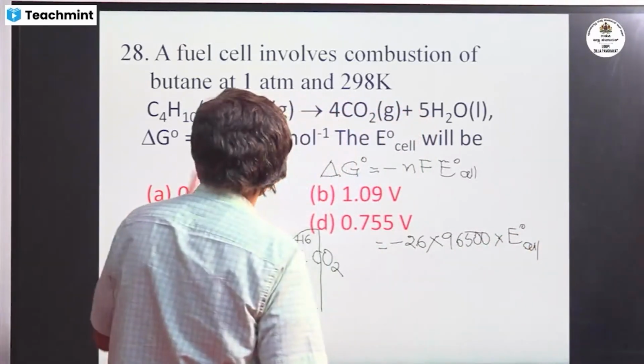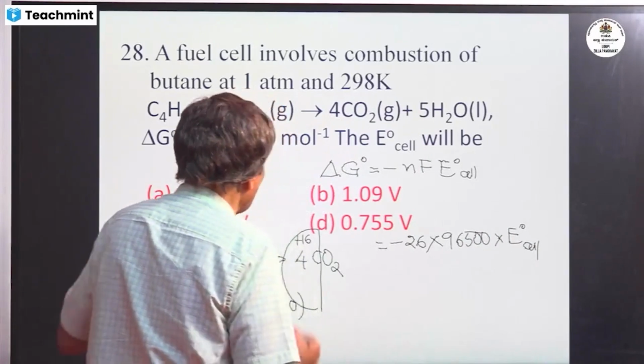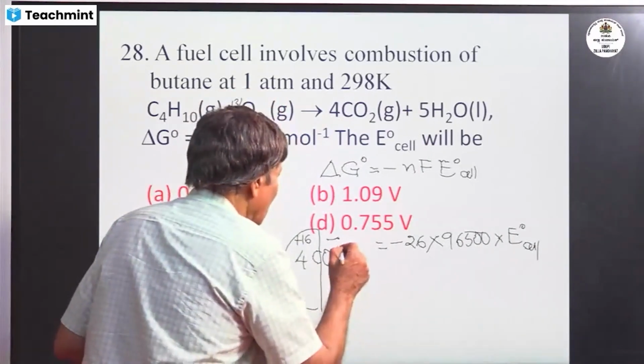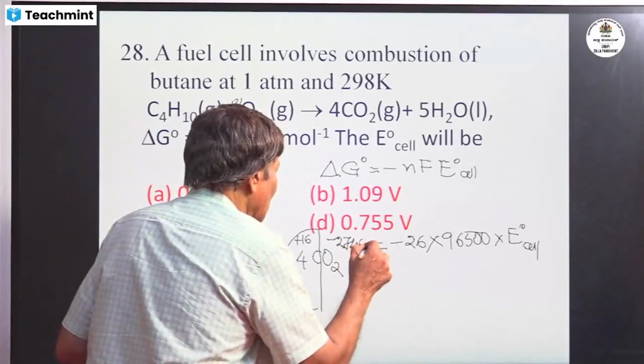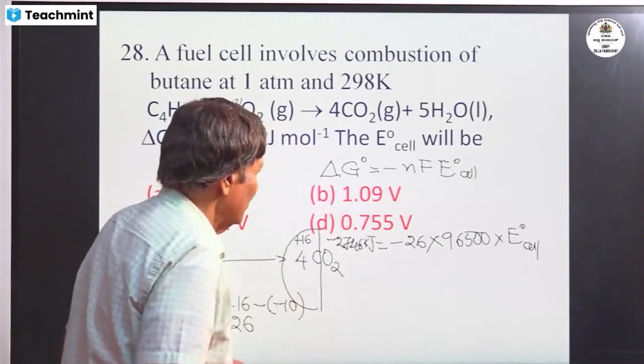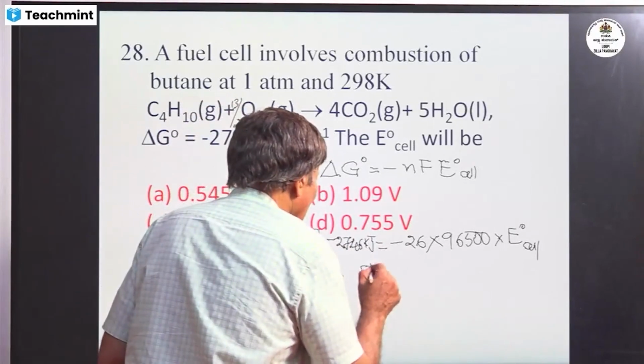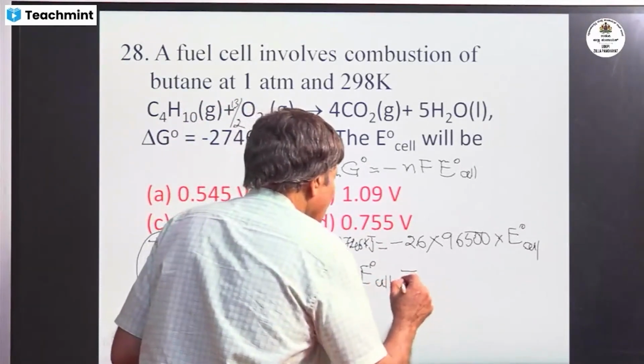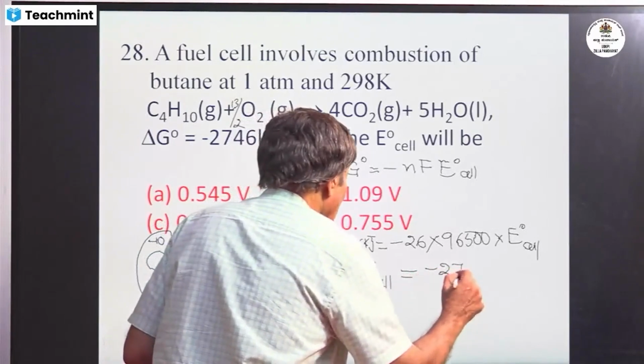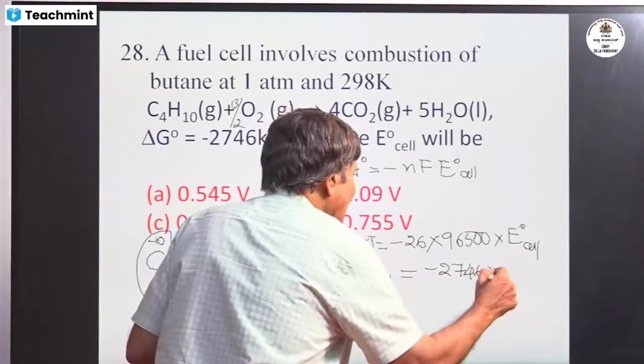Delta G, how much is given? Minus 2746 kilojoule. I want E naught of the cell, so minus 2746.